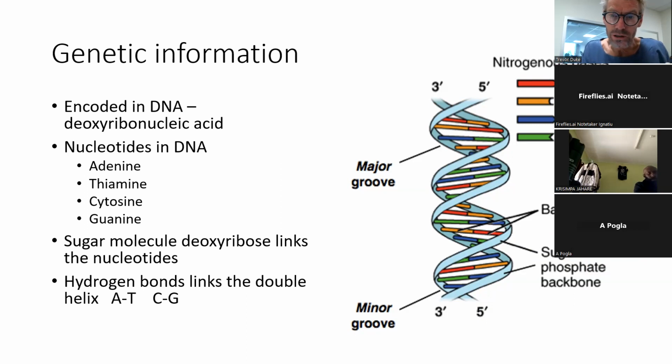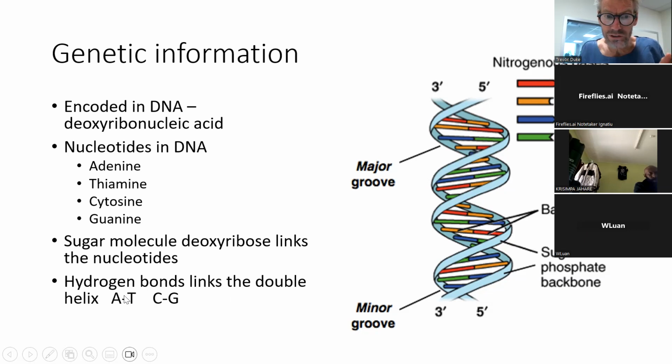And a sugar molecule joins them up, and they form this helix, a double helix, where you've got adenine and thymine joining, and cytosine and guanine joining, and they're joined by this sugar molecule, deoxyribose, that links the molecules, and they form this double helix.